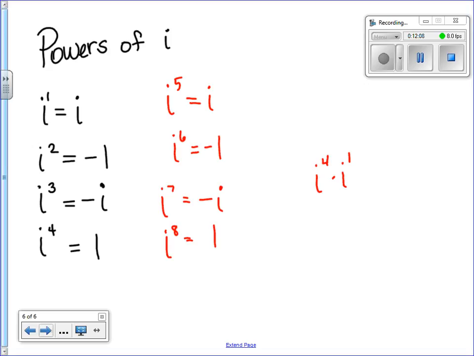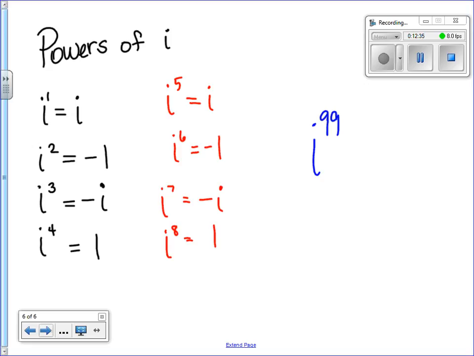Every 4. Okay, so what if I had i to the 99? I don't want to go through that 99 times. What can I do instead? Divide by 4.